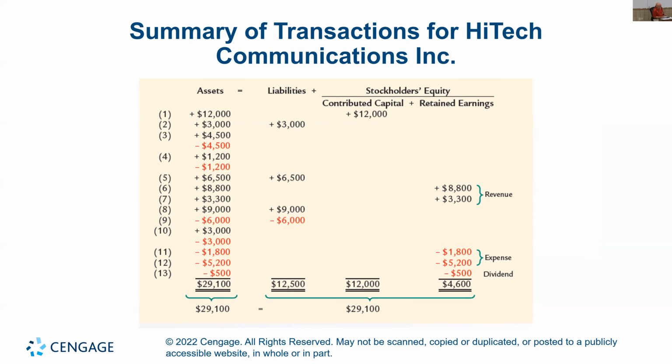And then we had 16,600 total in our stockholders' equity, with 12,000 of it being contributed capital and 4,600 of it being in retained earnings. And we stayed completely balanced throughout the whole thing at 29,100. Our assets equal our stockholders' equity plus our liability.